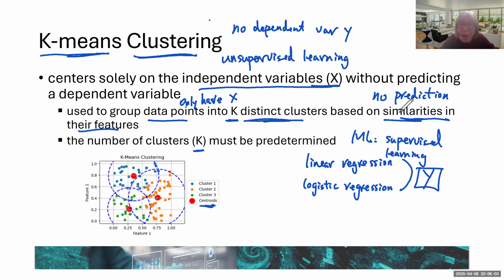Then based on similarity, you can group the points into their own groups, represented by their own colors. So this is the basic idea about clustering, and k-means clustering.